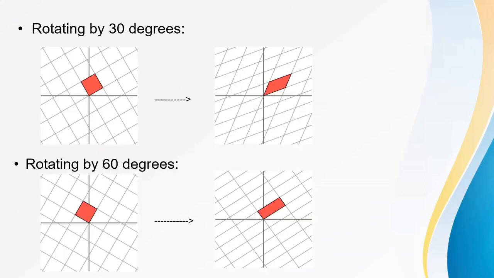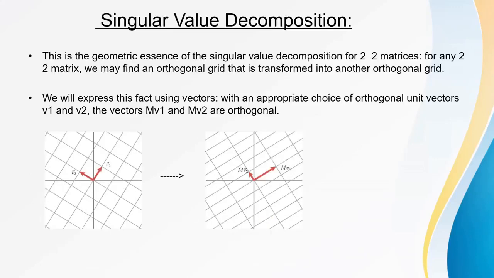So we are going to use this set of orthogonal vectors in the single value decomposition. So here in the original graph, v1 and v2 are two vectors, whereas in the transform graph, m times v1 and m times v2 is the orthogonal set obtained by rotation.